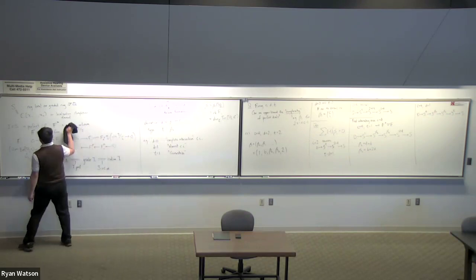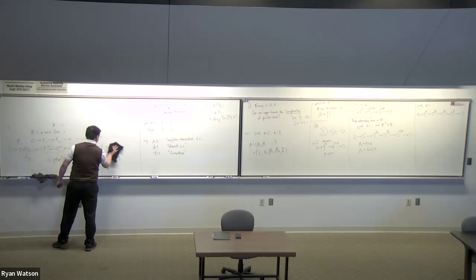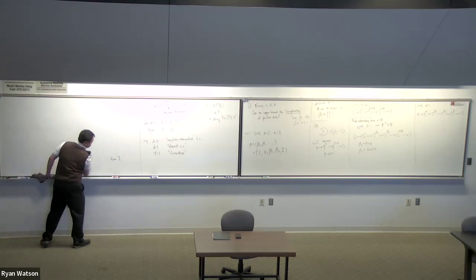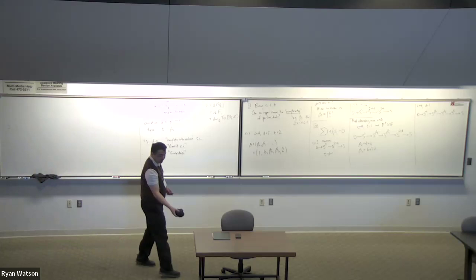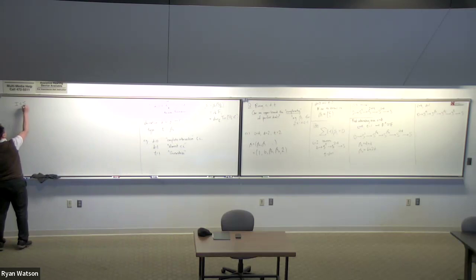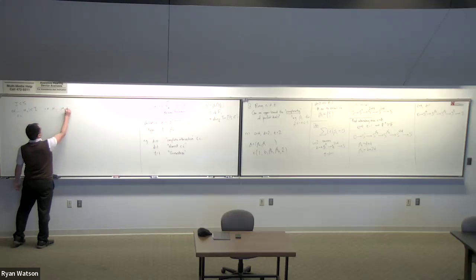So go back over here. All right. So we have this ideal I in S, and then we let alpha 1 through alpha c in I be a regular sequence, or in other words, this is a complete intersection ideal contained inside of I. So contained inside of I, i.e. alpha 1 through alpha c is a regular sequence.